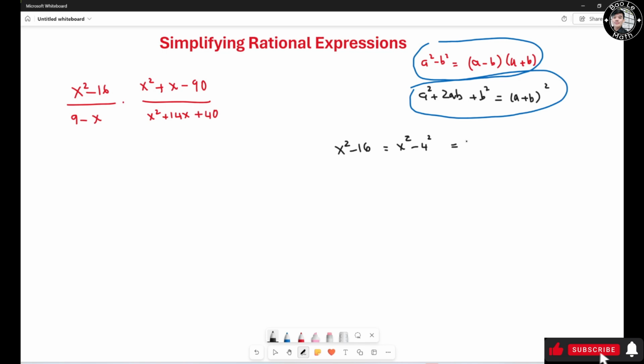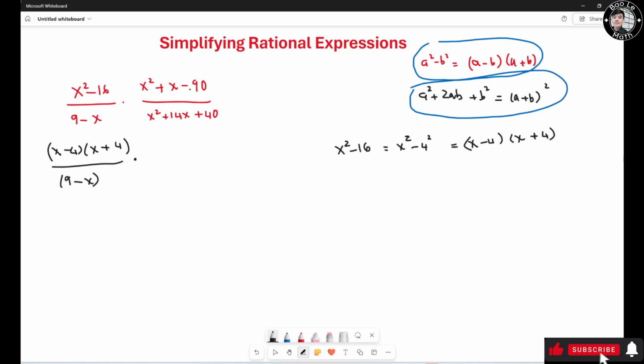So it can be s minus 4 times s plus 4, right? So I put s minus 4 times s plus 4 over 9 minus s, right?